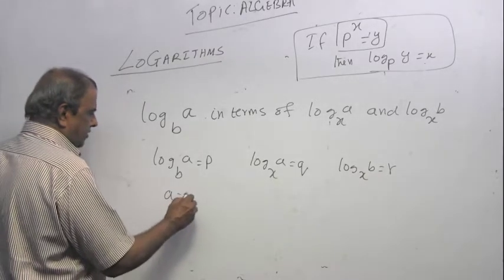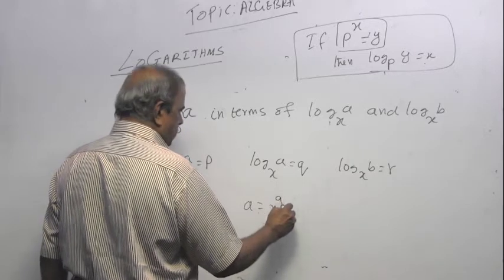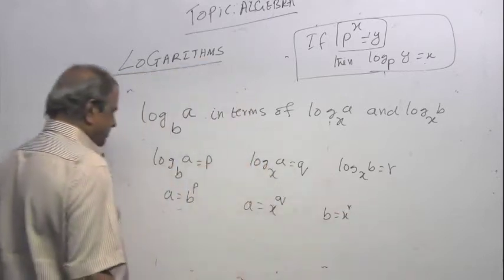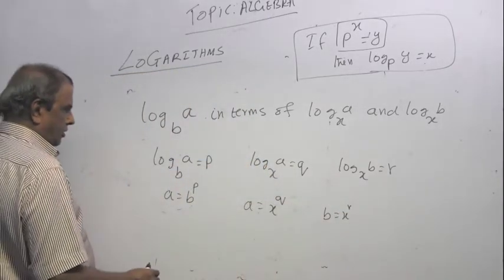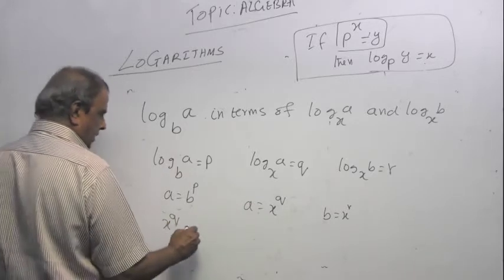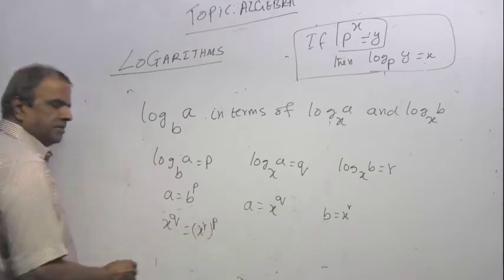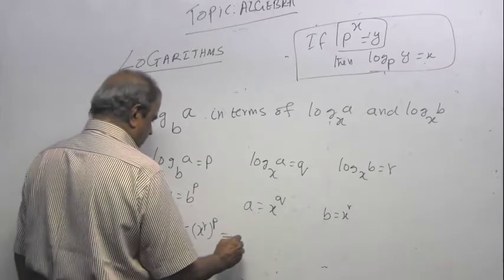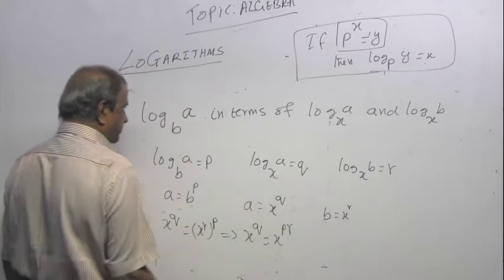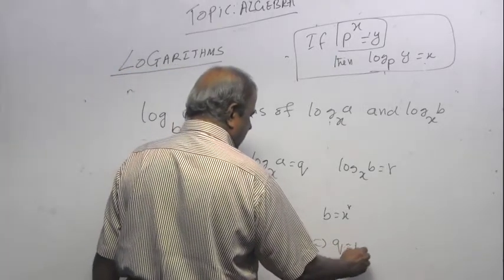So, a equals b power p, a equals x power q, and b equals x power r. So, I can say x power q is equal to x power r whole power p. So, I can say x power q equals x power pr. So, therefore, q equals pr.